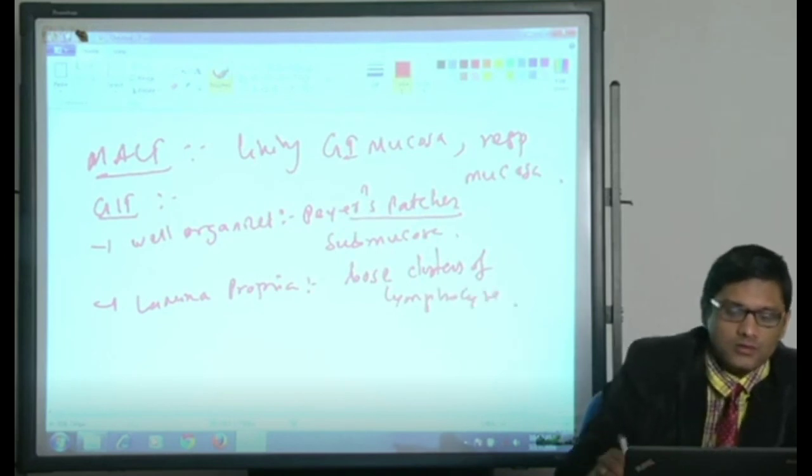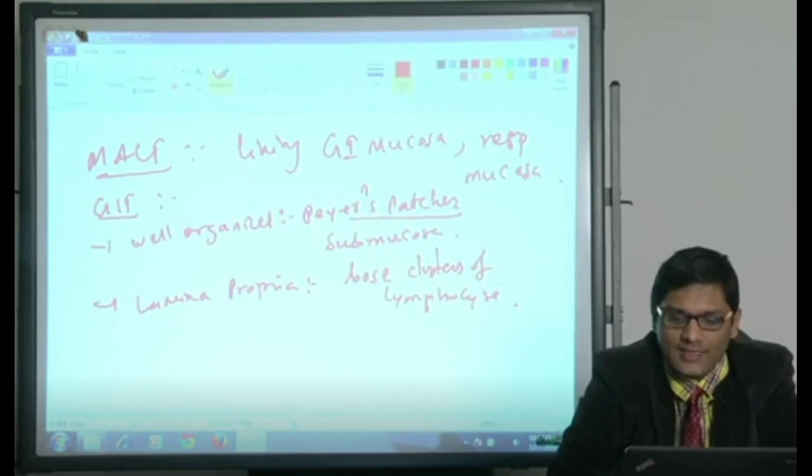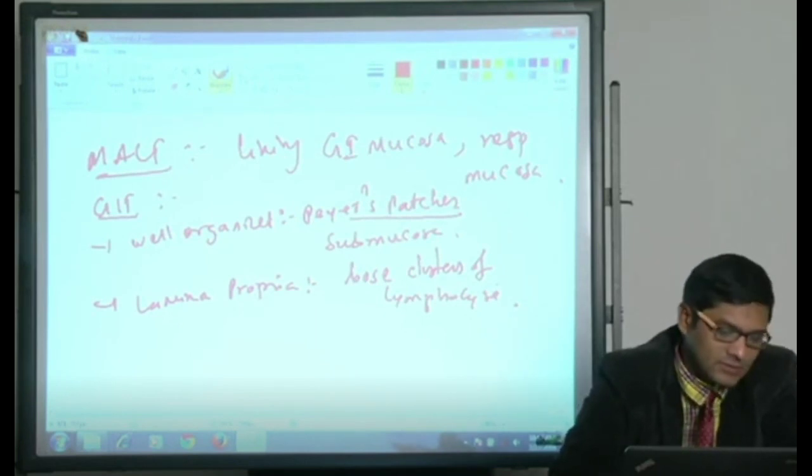So the mucosa associated lymphoid tissue is either well organized as Peyer's patches present in submucosa, or loosely organized in lamina propria as loose clusters of lymphocytes.